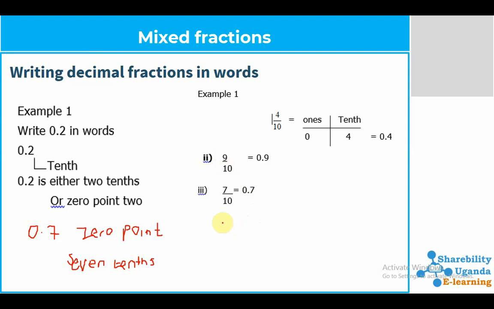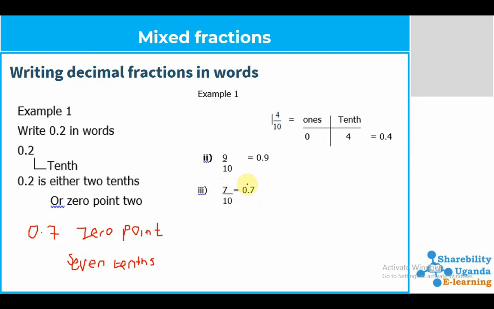One way you can use division. Another way we use multiplication as a repeated division. All those methods, when you refer back to our last videos, you can see how they come up with 0.9. We also have 7 out of 10, which is the same as 0.7.